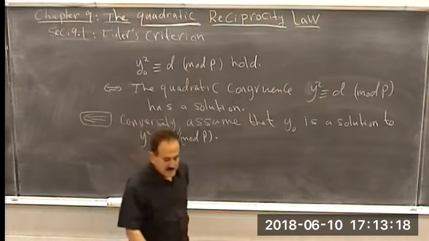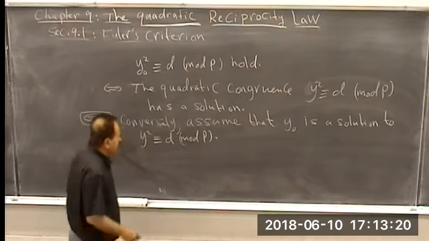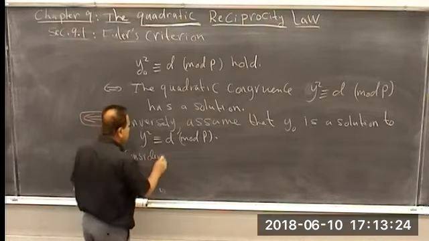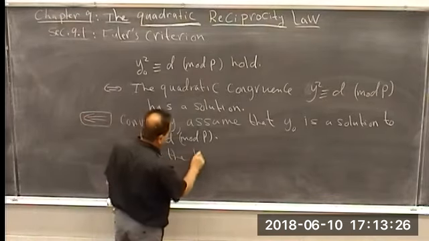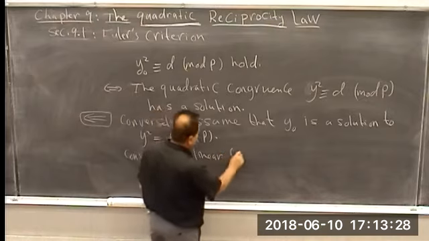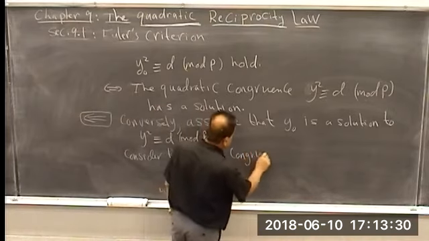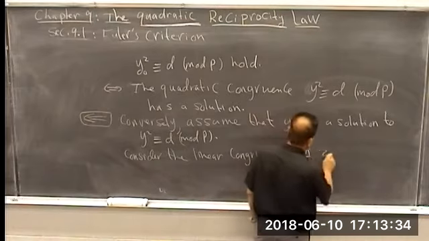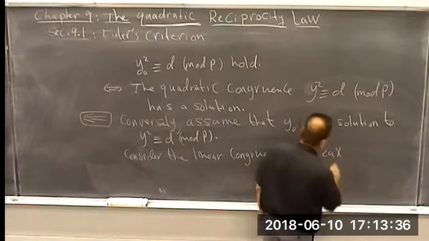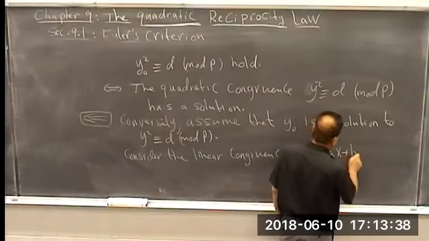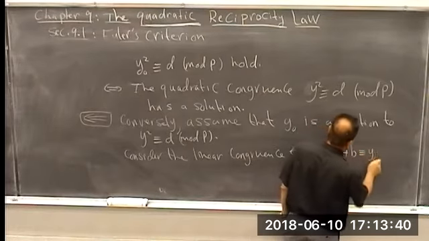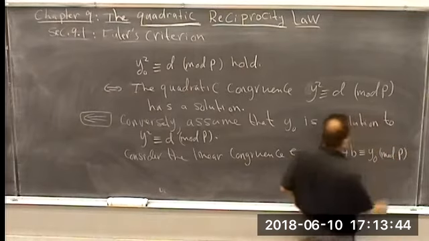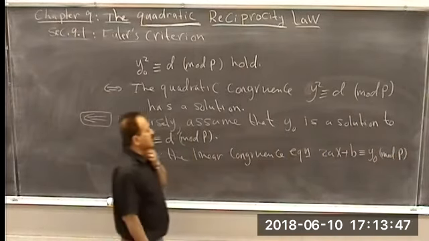Then we're going to consider the linear congruence equation 2a x plus b congruent to y sub 0 mod b. So we do have a numerical value for y sub 0 in here.